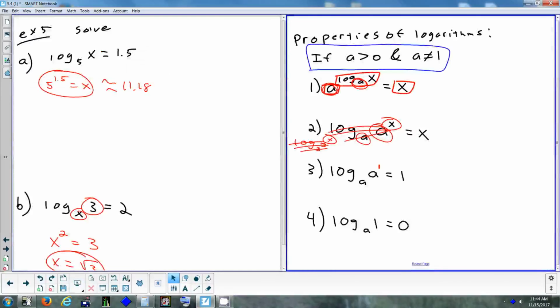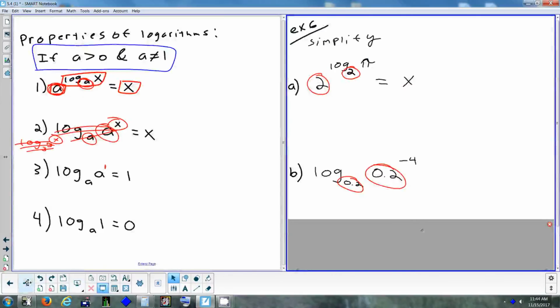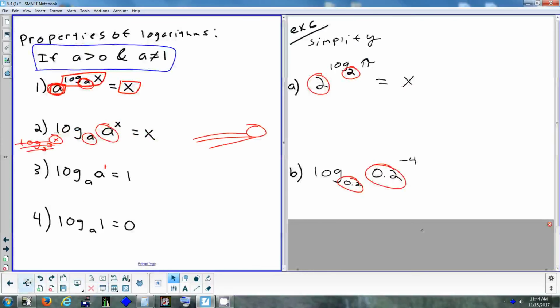Okay, so now what I'll do is I'll leave those up. Make it so you can read those again. And what I'm going to do is put some problems on the right, and I want to match them up with the property on the left. Okay, and see if we can simplify.